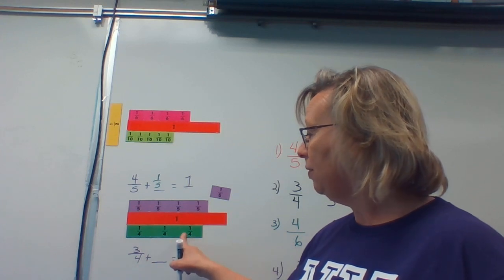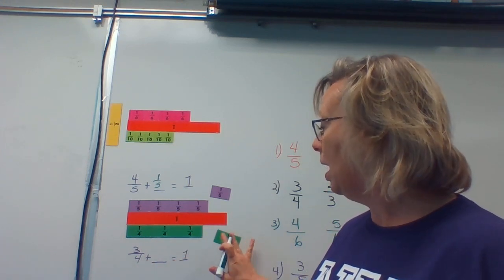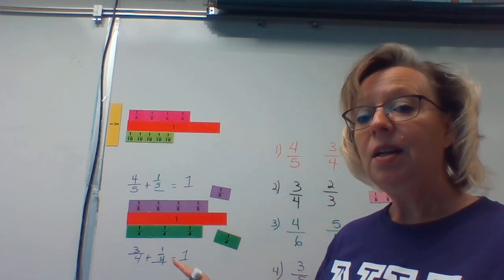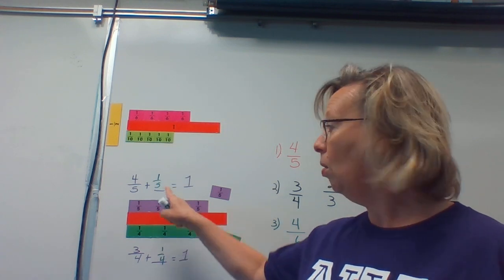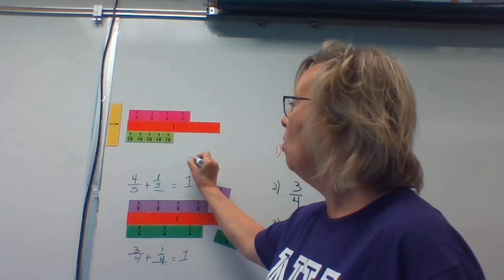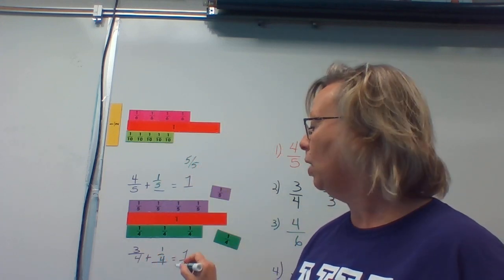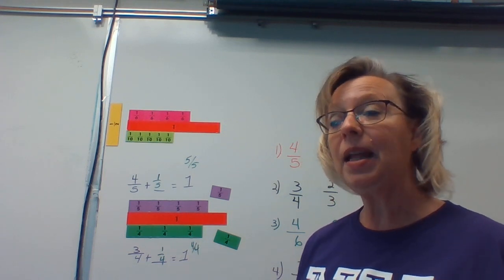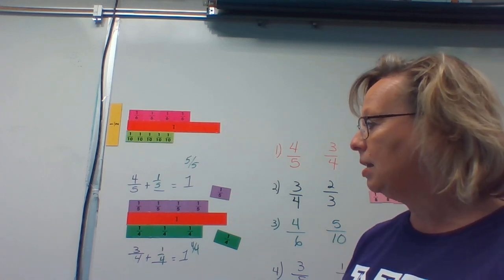Here I have 3/4. What do I need to make it one whole? I would need 1/4 more. So by knowing how many parts make the whole, 4 plus 1 is 5, so this would be 5/5, which is the same as one whole. And here we have 3/4 plus 1/4, which is 4/4, which is one whole. That's going to help me also know how to do some comparisons.